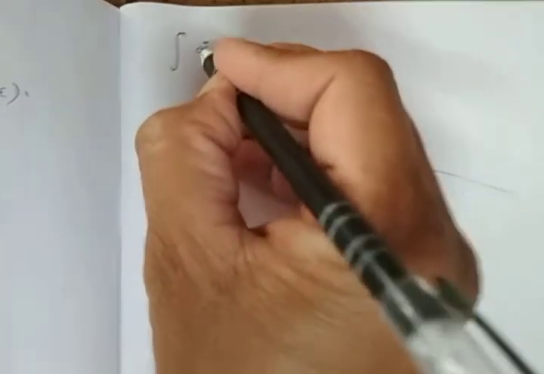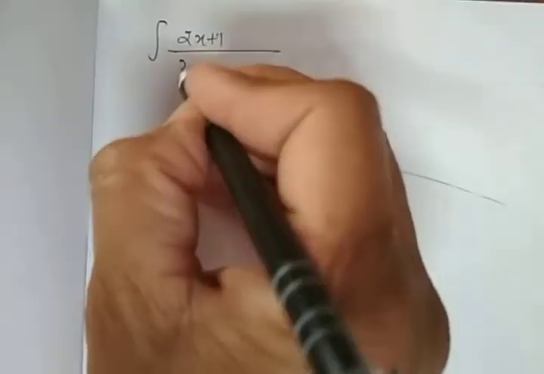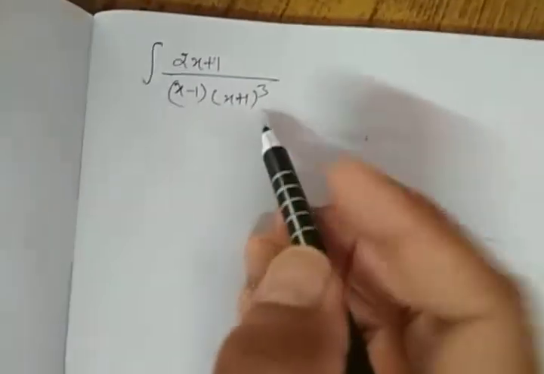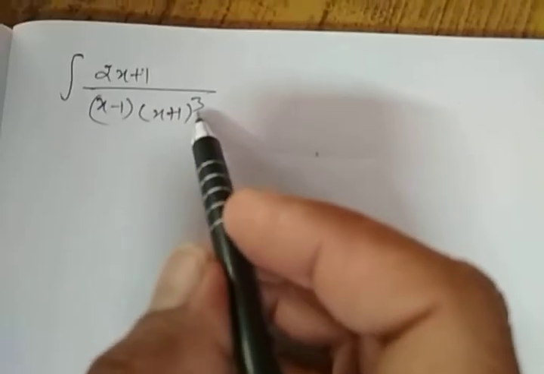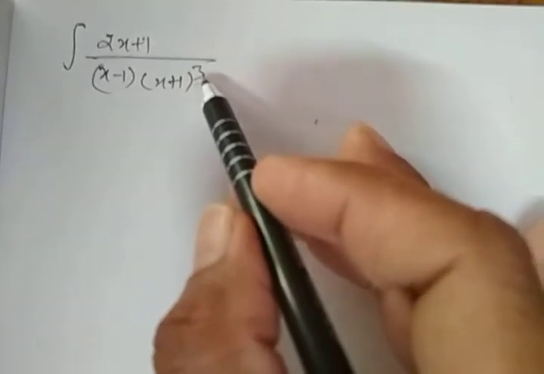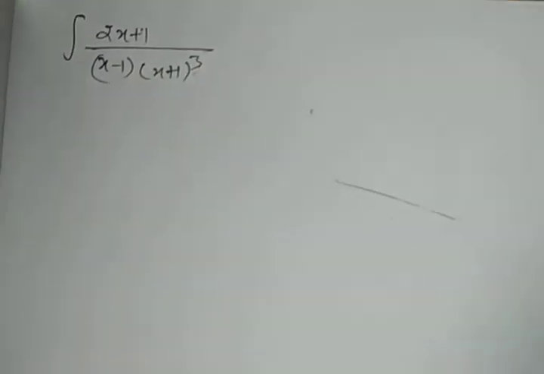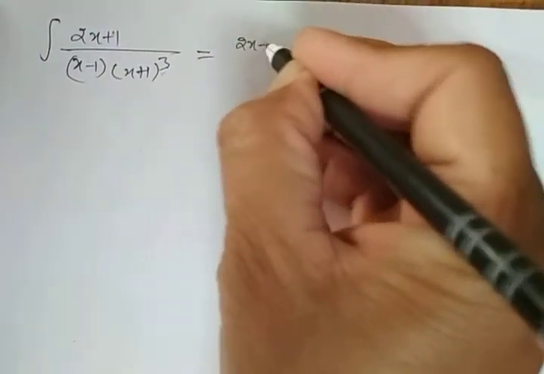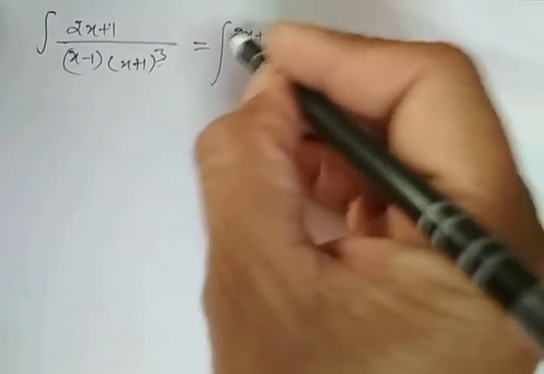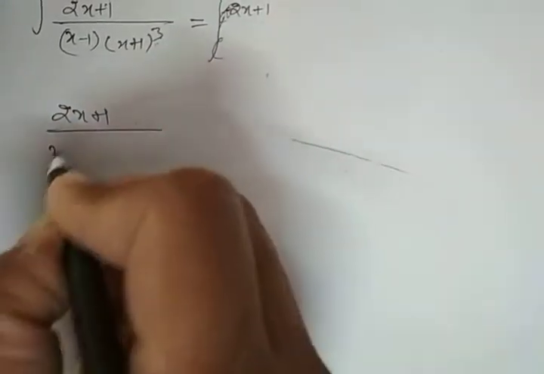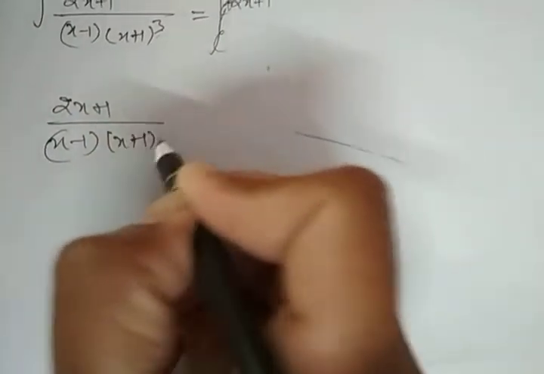For example, the integration is given as 2x plus 1 upon x minus 1 into x plus 1 whole power 3.